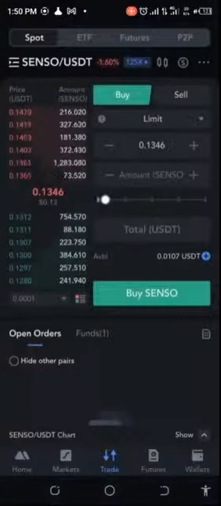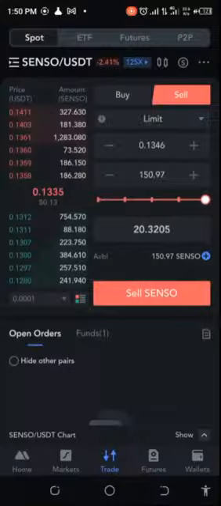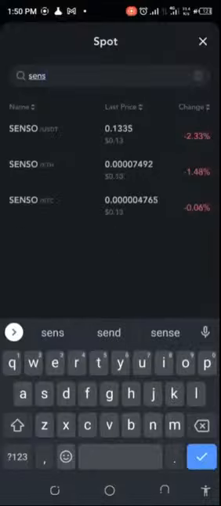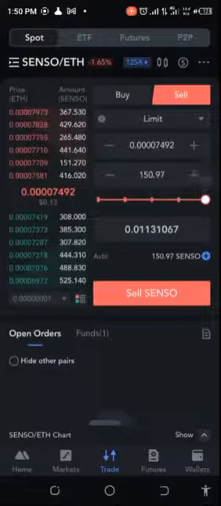So we have it here, but if we have to sell, don't forget we started out with 20.32. Okay, it's looking like it's gonna give us back our money. But what I'm seeing here is that if we sell back to Senso ETH, which looks like it's climbing, we might likely get more.